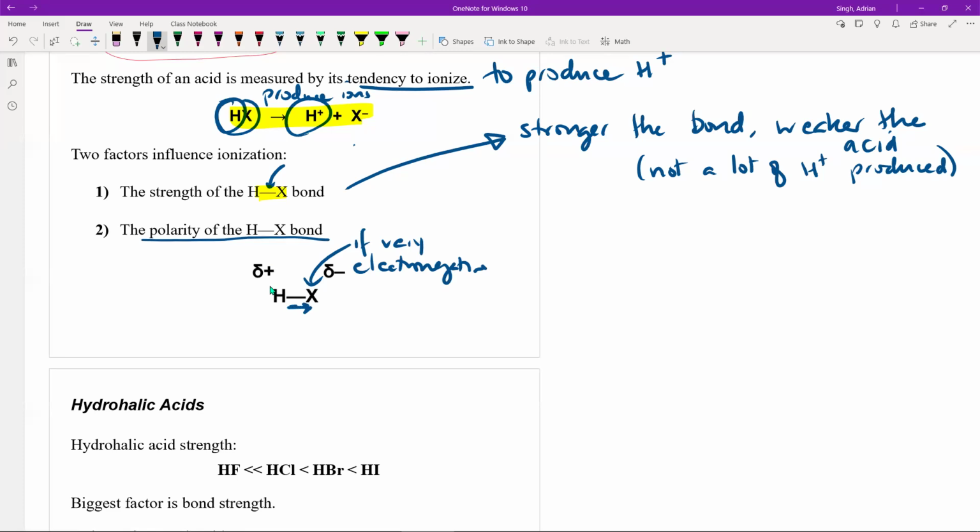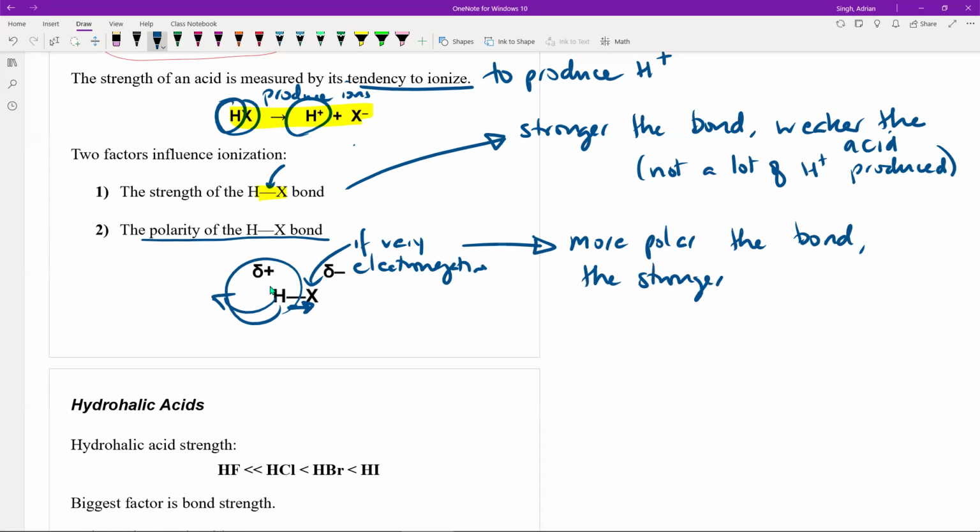What that leads to is a separation of charge. It will cause the H plus to fall off much more easily, and as a result, more H plus is going to be generated. So we can summarize that: the more polar the bond, the stronger the acid is going to be.